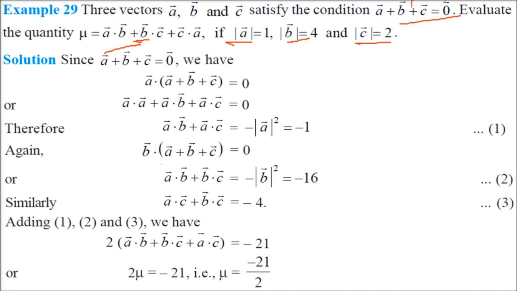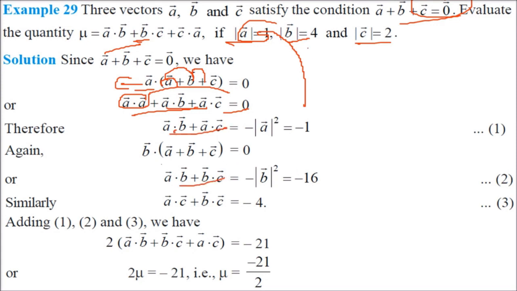Since A plus B plus C equals 0 is given, we take the dot product of this with A. Just take the dot product, that is A dot B plus A dot C, and on the right-hand side we get A dot A, which is the magnitude of A squared, and the value of this is given. So this is 1 squared, and the negative of this will be negative 1. We do the same thing with B and the same thing with C.